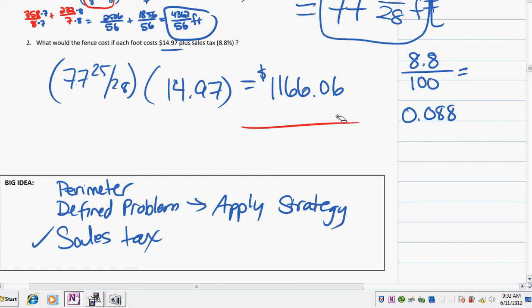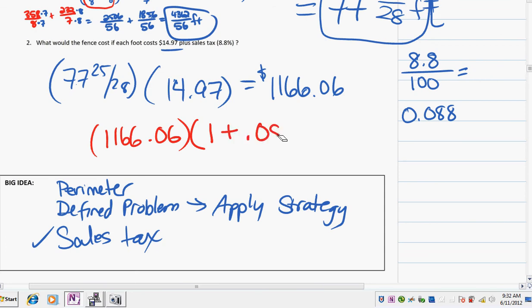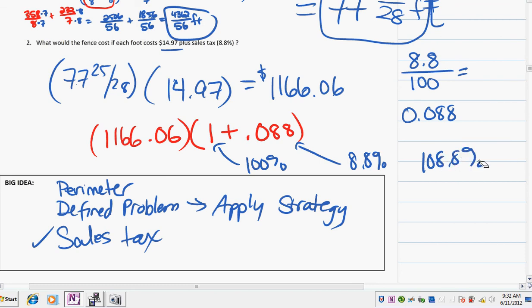I would maybe try to convince you that there's a quicker way. So take this and multiply it by 1, because when I multiply it by 1, I'm keeping the whole thing plus another 8.8%. 1 as a percent is 100%. And this is 8.8%. So really I'm multiplying it by 108.8%, which means I'm keeping the original and adding another 8.8%.